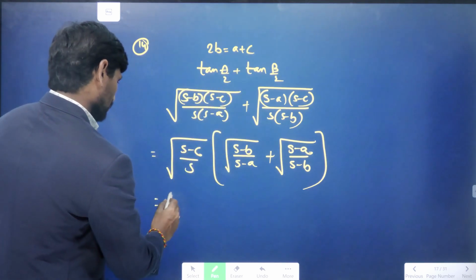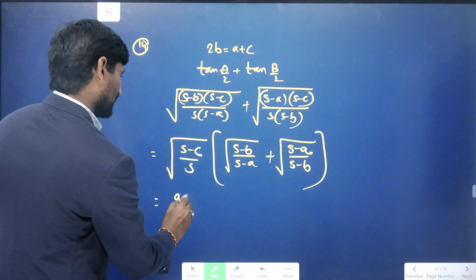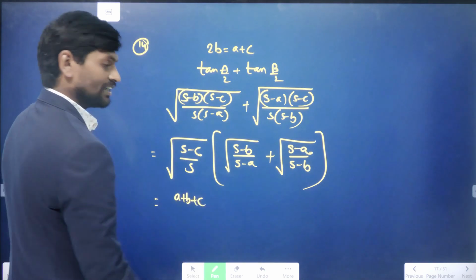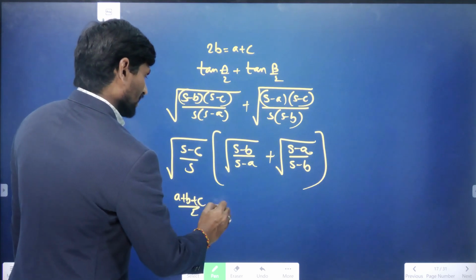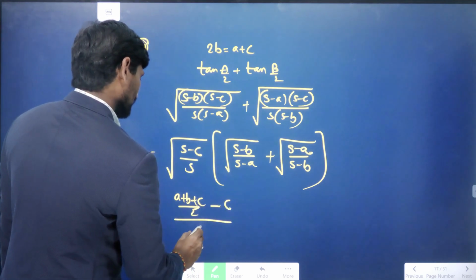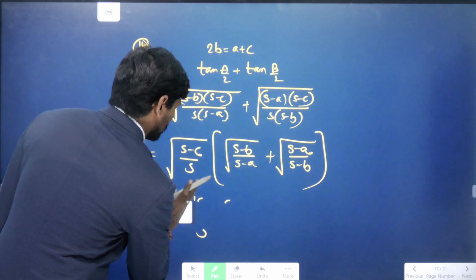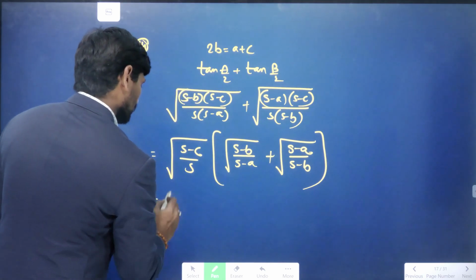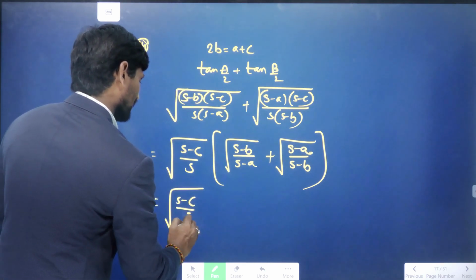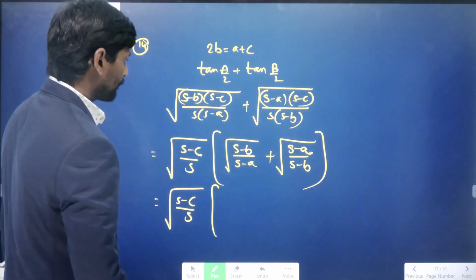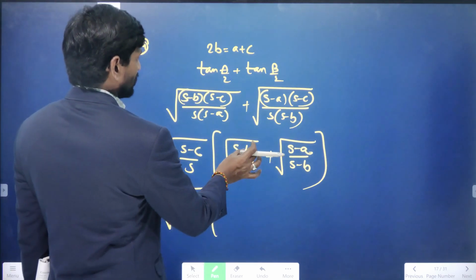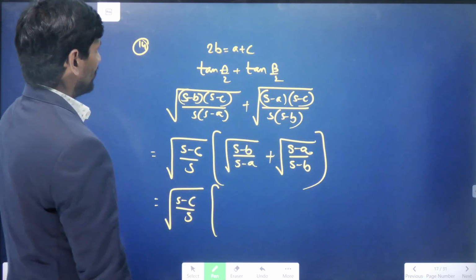So this s value is nothing but (a plus b plus c)/2. Am I right? Root over (s minus c)/s into this one, (s minus b)/(s minus a), so in the place of b we can write (a plus c)/2.